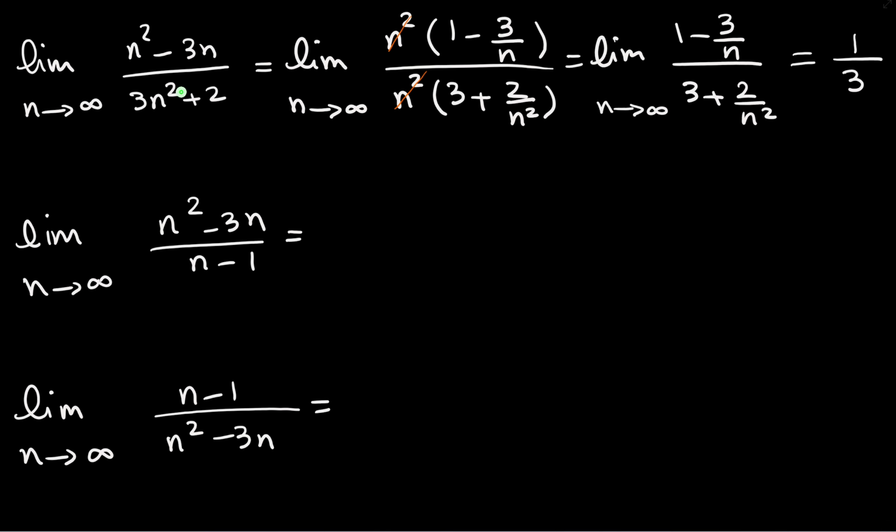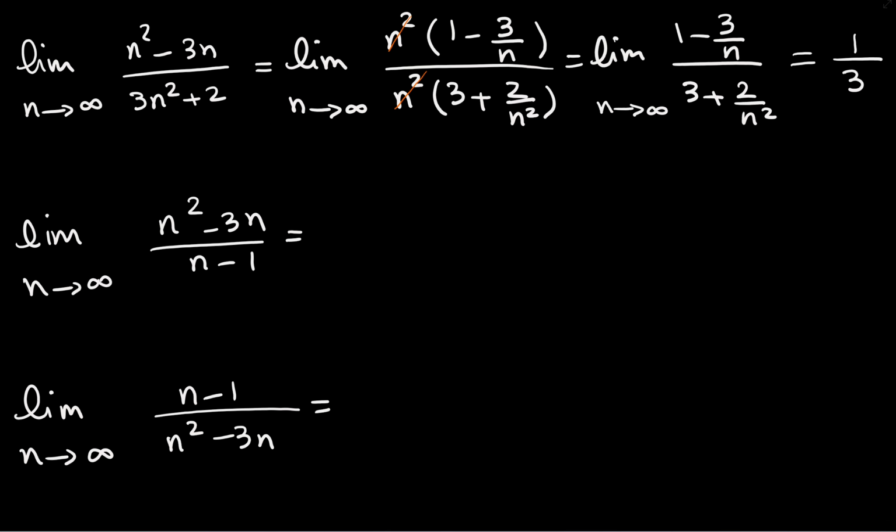The degree in the denominator is 2. If the numerator and denominator have the same degree, when n approaches infinity, the answer is the leading coefficient of the numerator divided by the leading coefficient of the denominator. So it is 1/3.